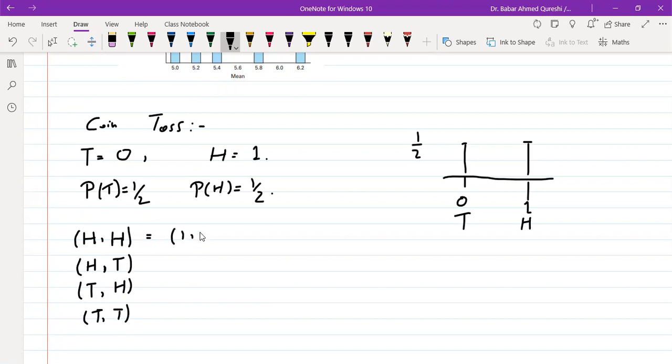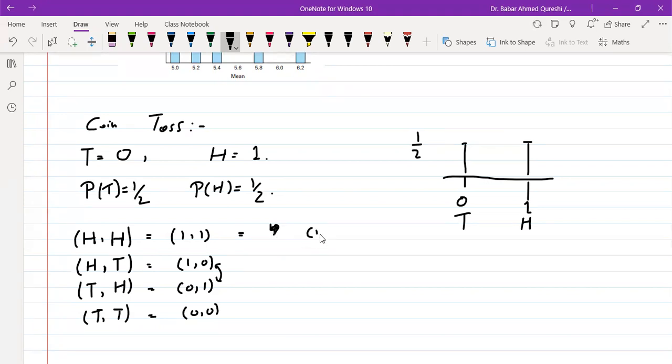So 1, 1 and 1, 0 and 0, 1. This is the same sample. It's just that because I'm doing it with replacement, they both occur twice.